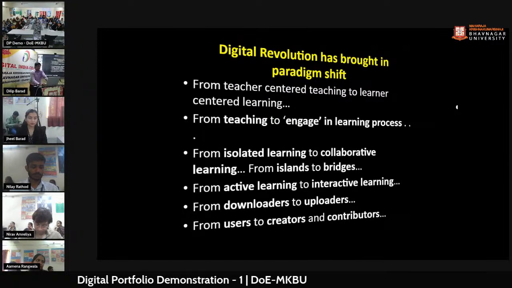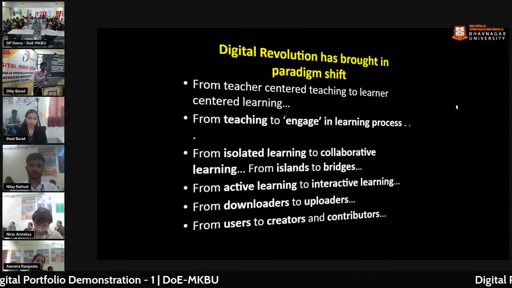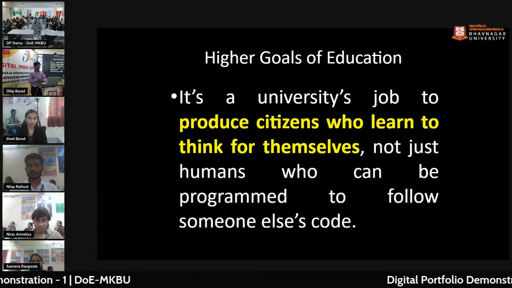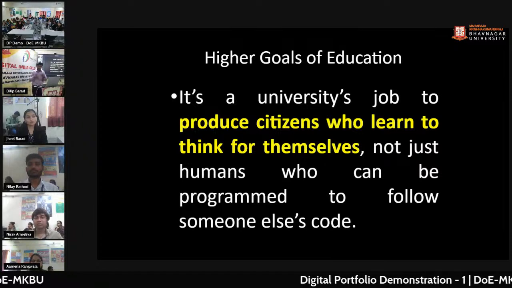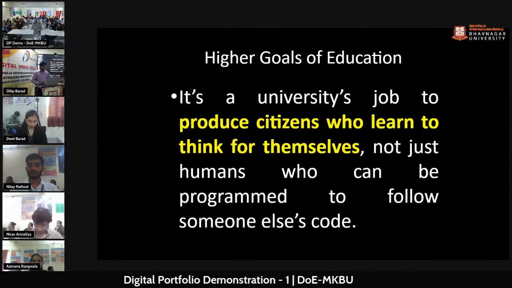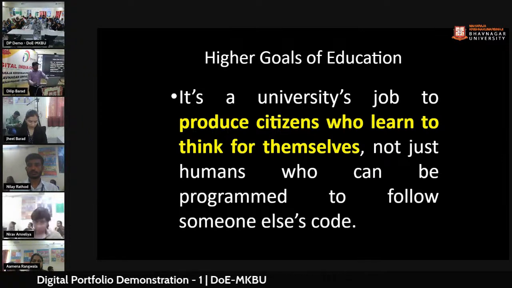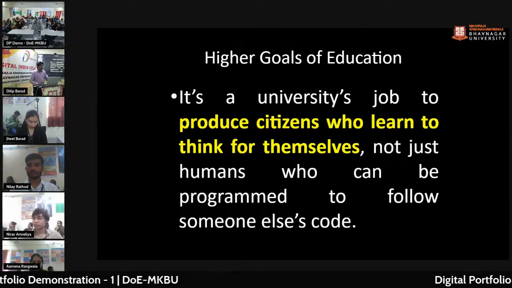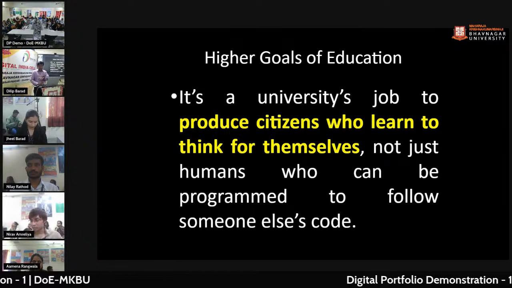It is said, regarding higher education goals, that the university's job is not only to prepare people for jobs. It is not that you only get ready for jobs, but to produce citizens who learn to think for themselves. That is very important.